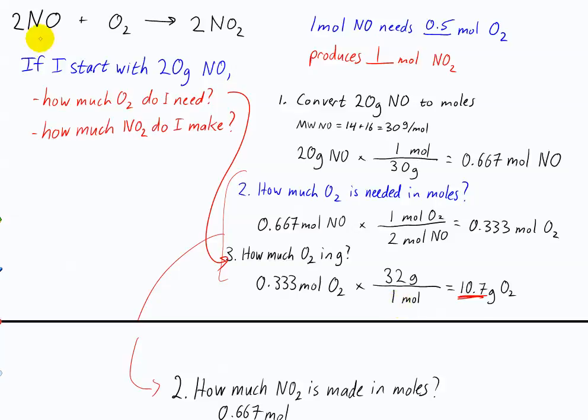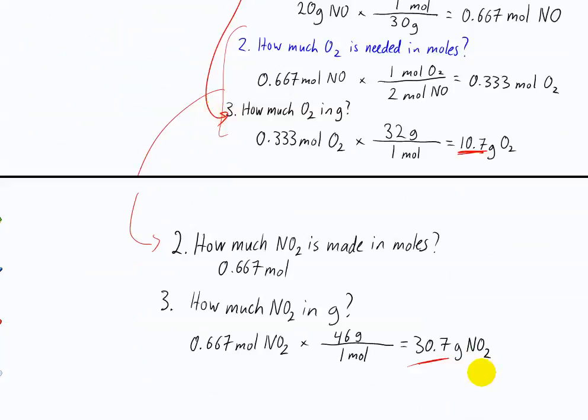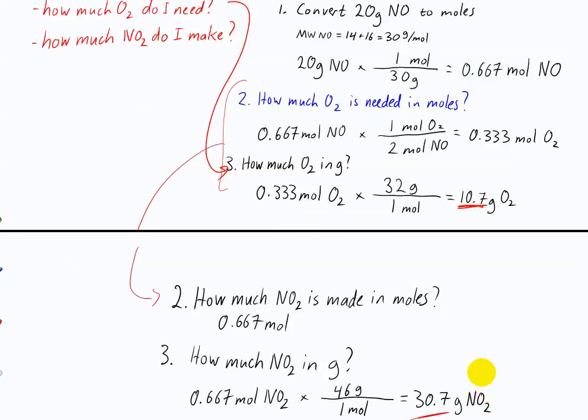So if we started with 20 grams of this, and the first part we calculated we need 10.7 grams of this, if we can't destroy or create any mass, then we must have to end with those added up, which is 30.7, which is actually what comes out when you do the calculation also.